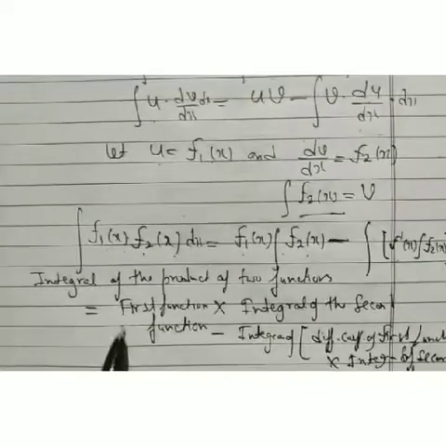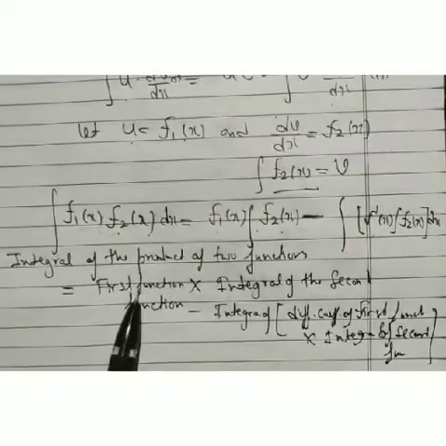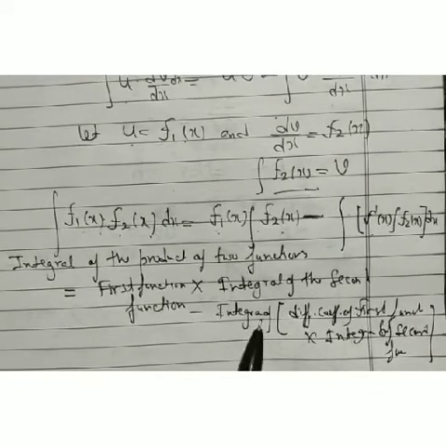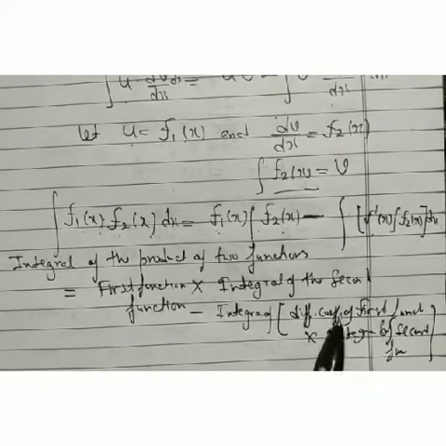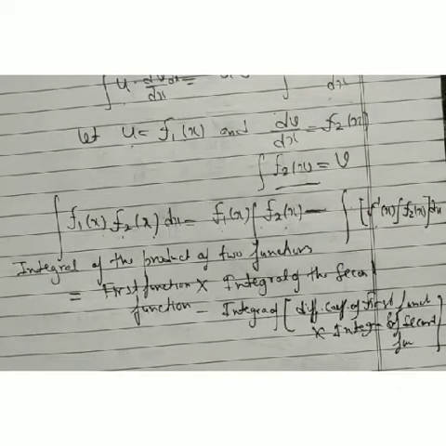So the integral of the product of two functions is given by first function into integral of second function minus integral of differential coefficient of first into integral of second. This is our integration by parts formula.